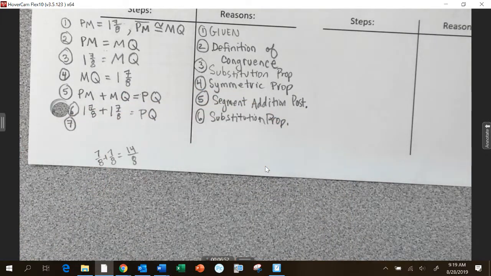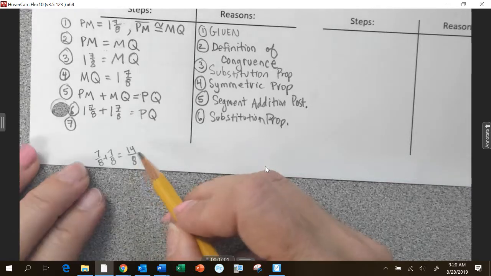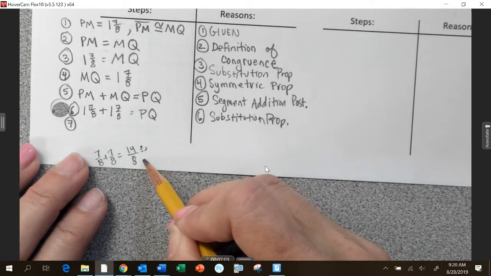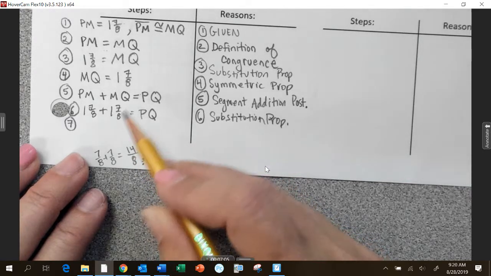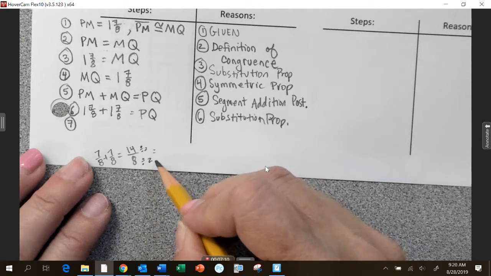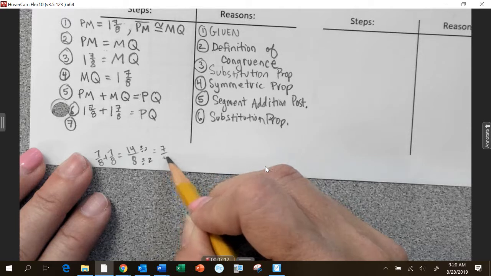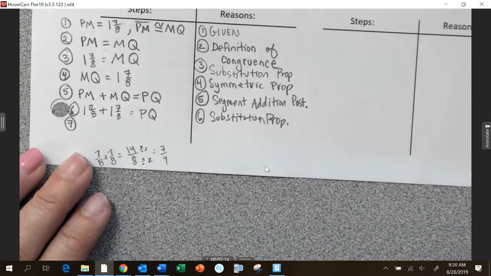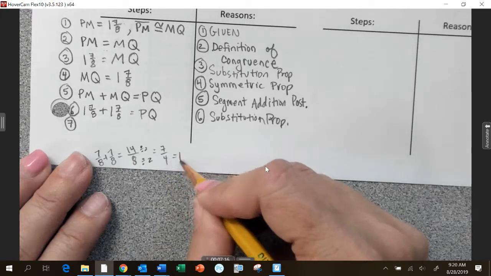If I have 7/8 and I add 7 more 8ths, I now have 14 8ths. Reduce. Divide the top and bottom by 2. This is just random work over here, it's not part of my proof. If I divide the top and bottom by 2, I'm going to get 7/4, which is 1 3/4.